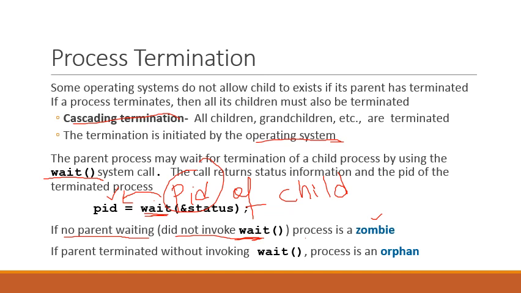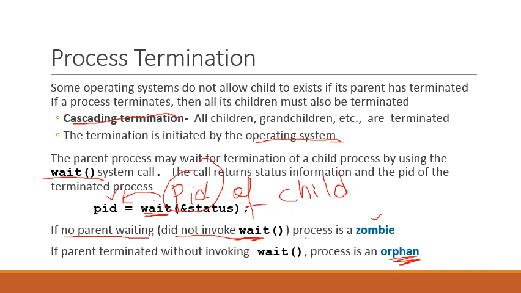Another process is the orphan process. An orphan process is a process whose parent has terminated. That is, if a process has terminated before its child has finished, then the child has no parent. And a process which has no parent is called an orphan process.